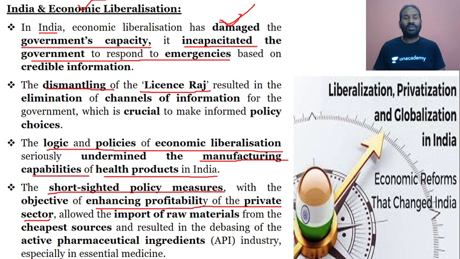So one thing is from the government side, wherein the policy measures are all short-sighted, and then the private sector always focuses on increasing profitability, and this has made sure that we are also dependent on import of raw materials, because as I said, China is the global supplier of active pharmaceutical ingredients. In regards to hydroxychloroquine, India is dependent on the raw materials, that is, the active pharmaceutical ingredients, for which China is the global supplier even to India.